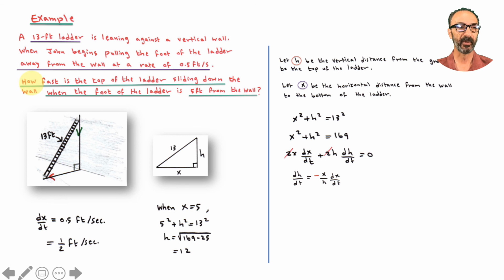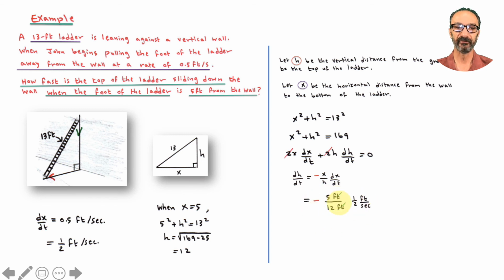Let's go back to the problem. How fast is the top of the ladder sliding down? So no, dh/dt. This is our focus. So we need to keep this by itself, not this. We have dx/dt, but we need dh/dt. When x is 5, we found that h is 12 from here, and dx/dt is increasing at 0.5 feet per second.